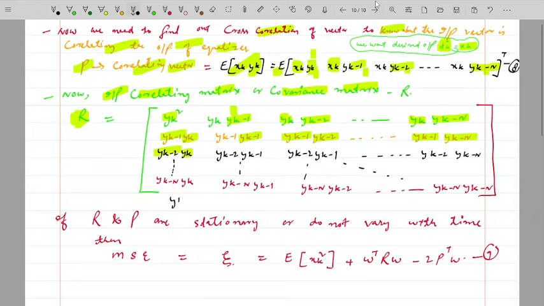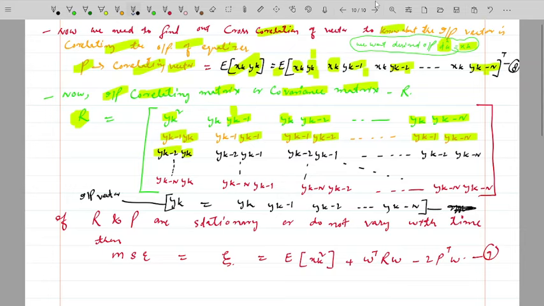Basically y of k is equal to y of k, y of k minus 1, y of k minus 2, up to y of k minus n. Basically this is an input vector. So this input vector is multiplied with its own components.